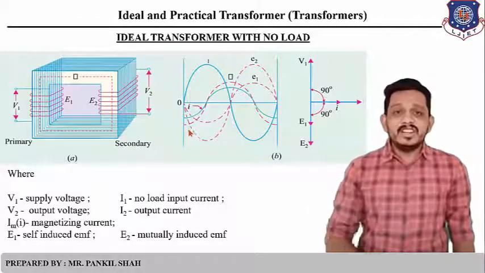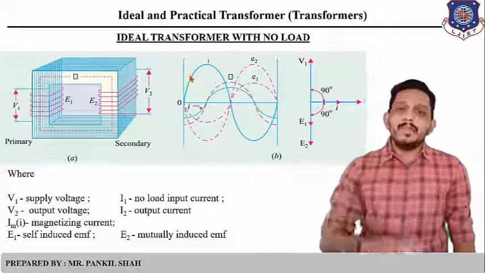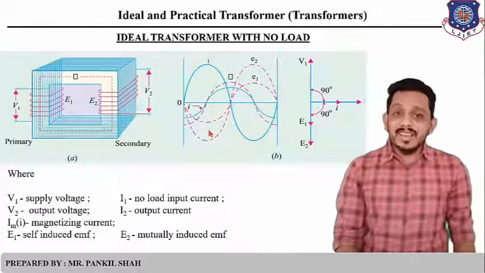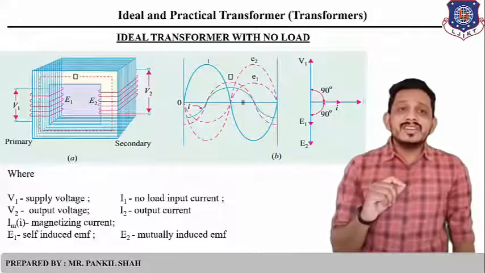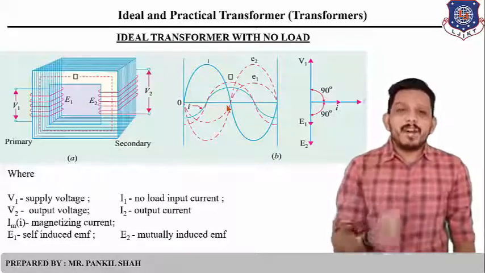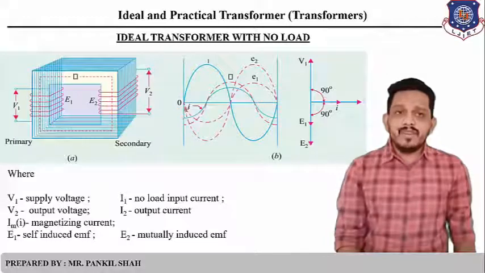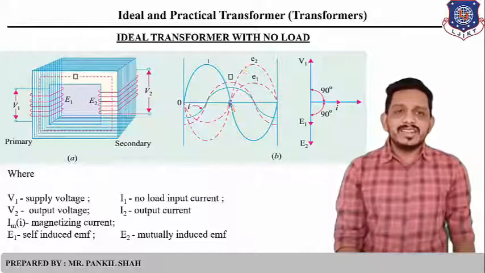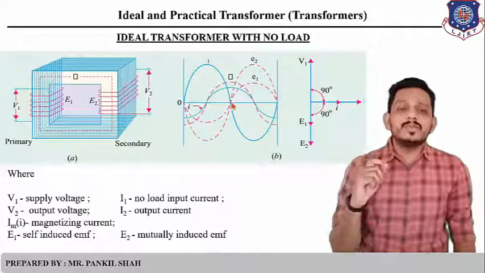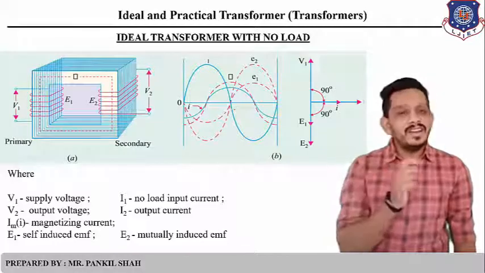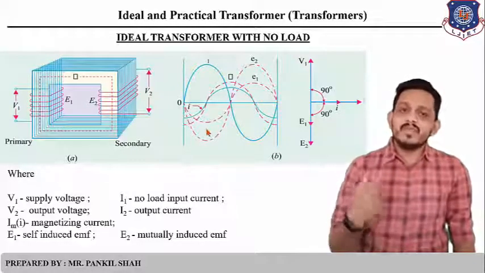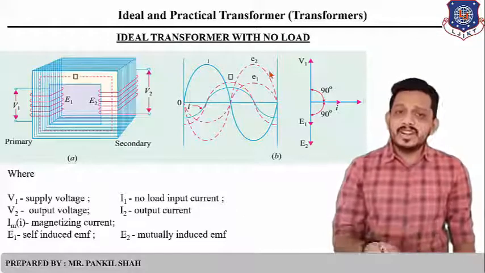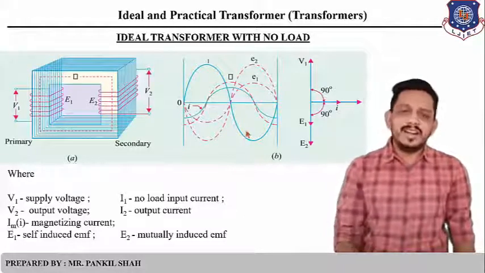E1 and E2 are opposite to the applied voltage, that is, E1 and E2 are 180 degrees apart from V1. If V1 starts at 0, then E1 and E2 both start at 180 degrees. Whenever V1 is positive, E1 and E2 are negative, and whenever E1 and E2 are positive, V1 is negative.